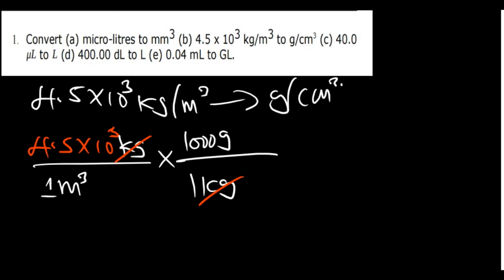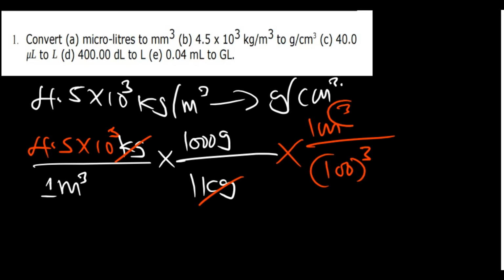So we're going to say again times, in 1 cubic meter, how many centimeters do we have? We're going to have 100, but we're going to say 100 to the power 3, because here it is also to the power 3. This is going to be now in centimeter cubic. As we can see again, these two are going to cancel.